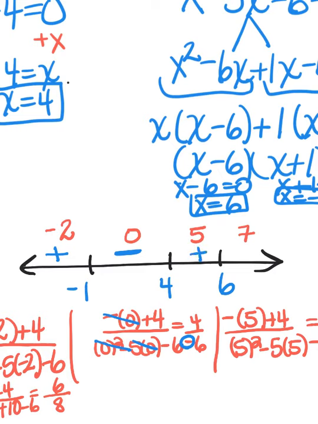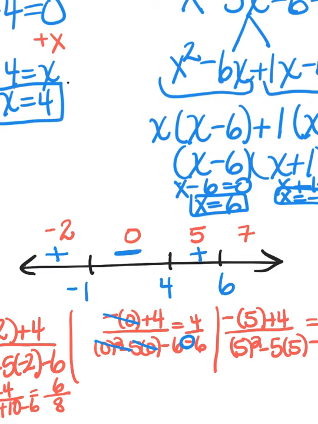All right, now let's go to 7. So we have -7 plus 4 over 7 squared minus 5 times 7 minus 6. So negative 7 plus 4 is negative 3.